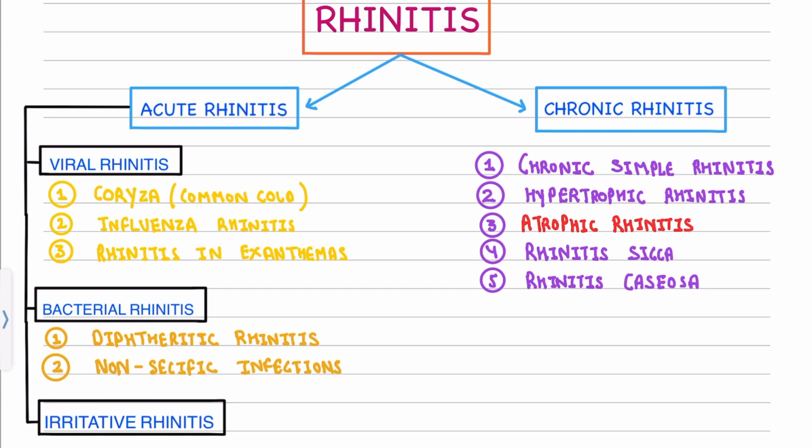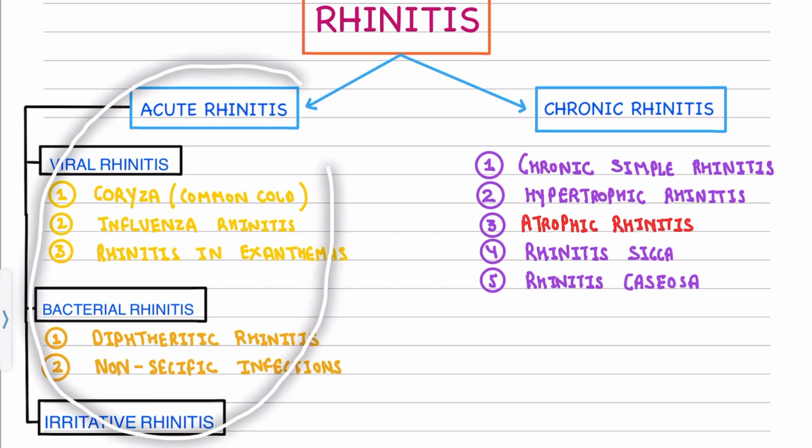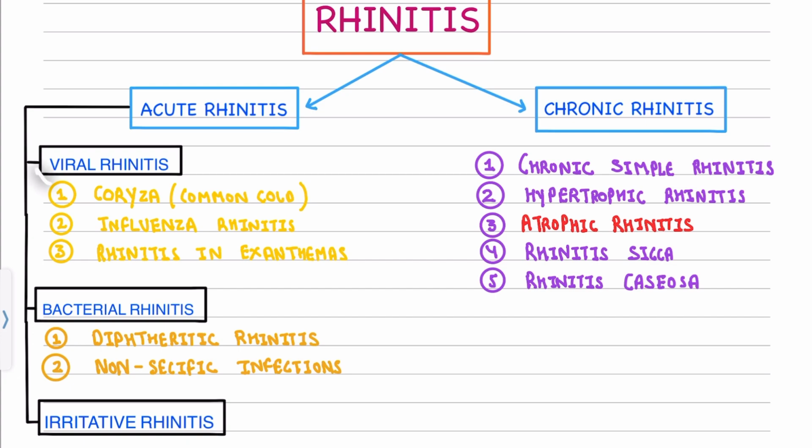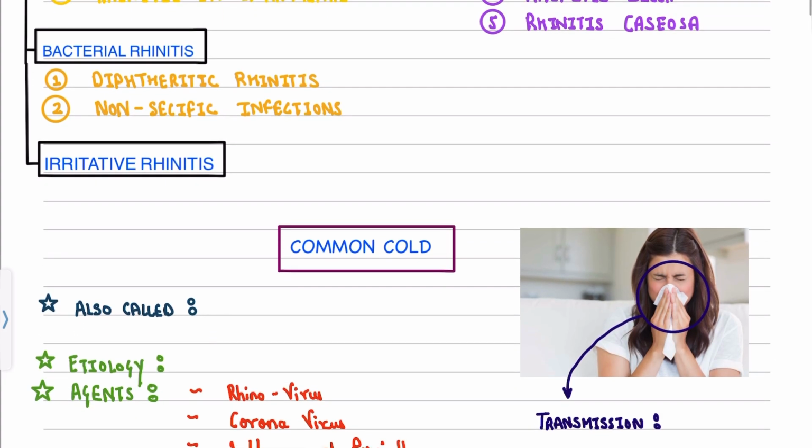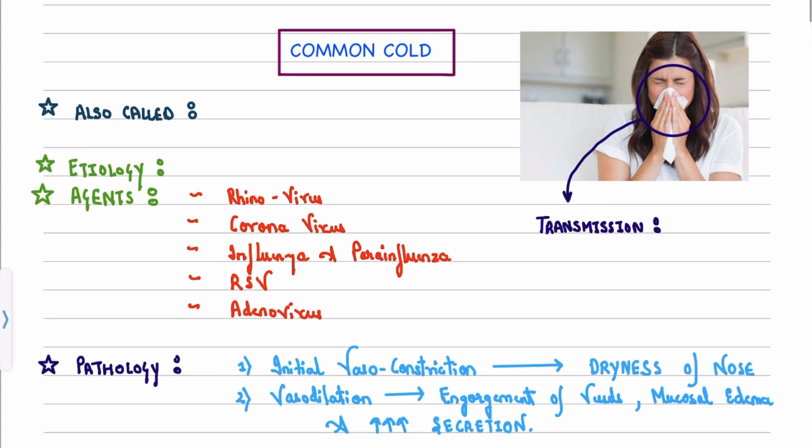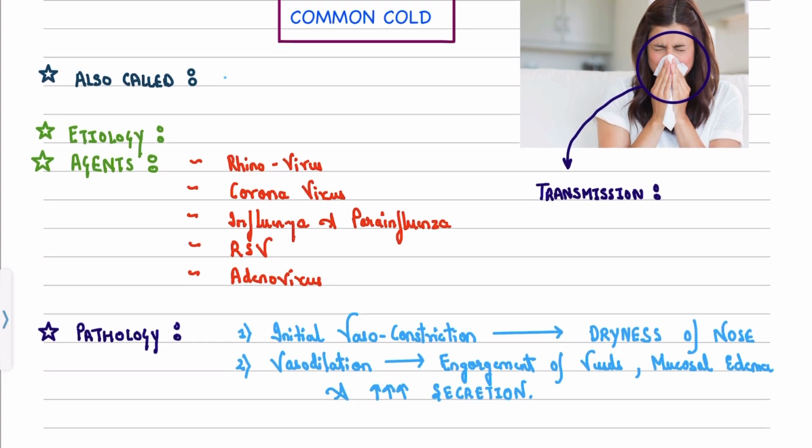So let's start with acute rhinitis first, and in acute rhinitis, we will first start with viral rhinitis. Let's start with the common cold. The common cold is also referred to as coryza. The etiology of common cold is viral.